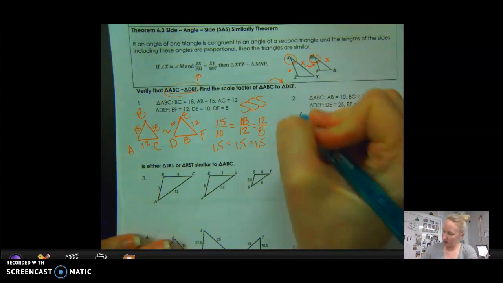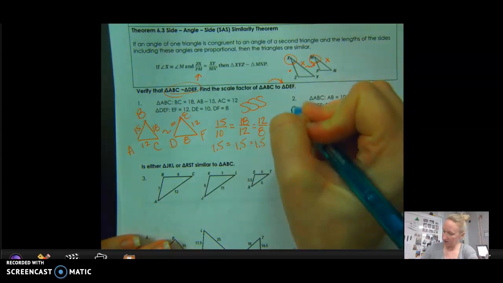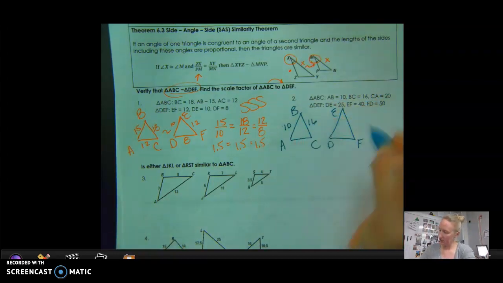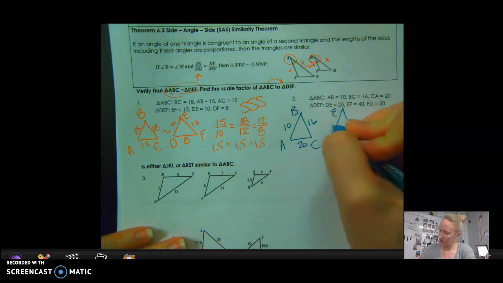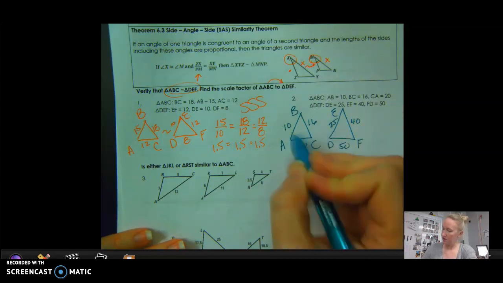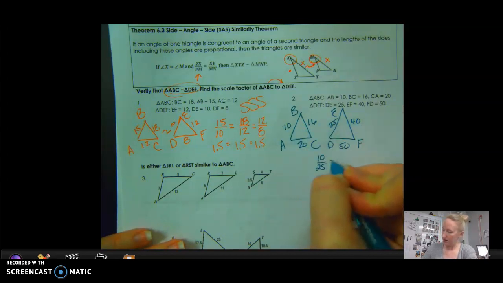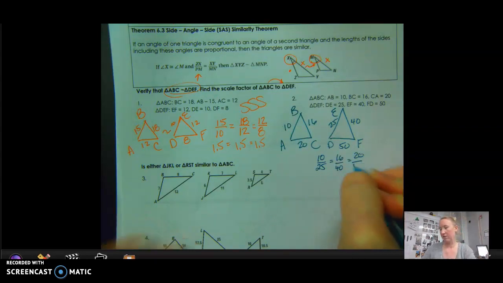All right, we have triangle ABC. We have triangle DEF. A to B is 10, B to E is 16, and C to A is 20, 25, 40, 50. So this over this, this over this, and this over this. So 10 over 25 would have to be equal to 16 over 40, which would have to be equal to 20 over 50.